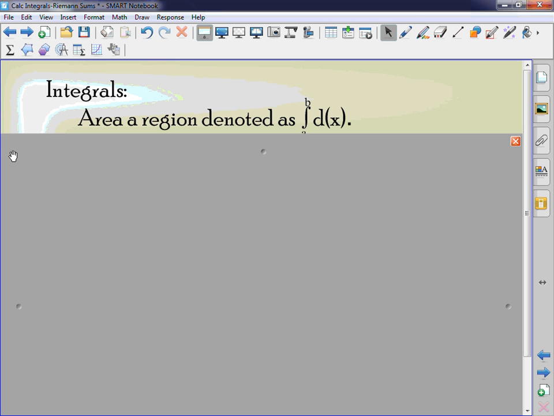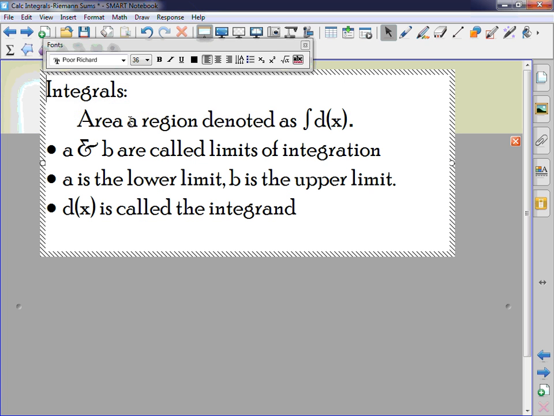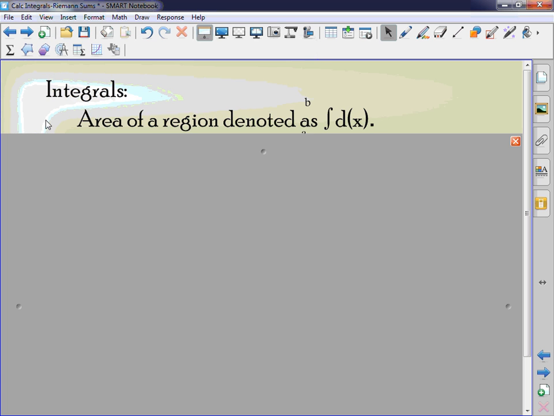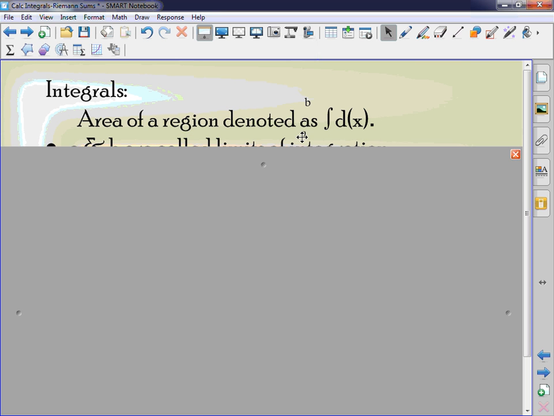The area of a region is denoted as, if you've ever seen this, it's like a long, skinny S. That's the symbol for an integral.